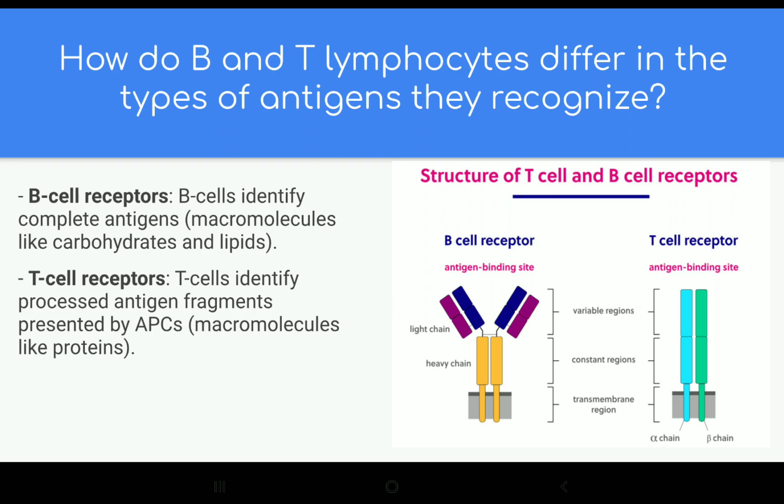T cells seek out intracellular pathogens by identifying processed antigen fragments, whereas B cells react mainly to antigens on the surface of pathogens. Because of this difference, the immune system can be quite resilient in defending the body against a wide variety of threats.